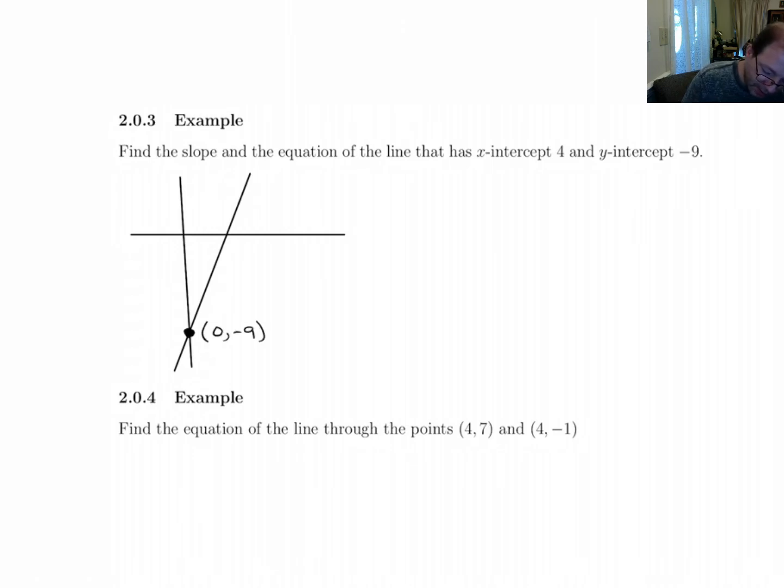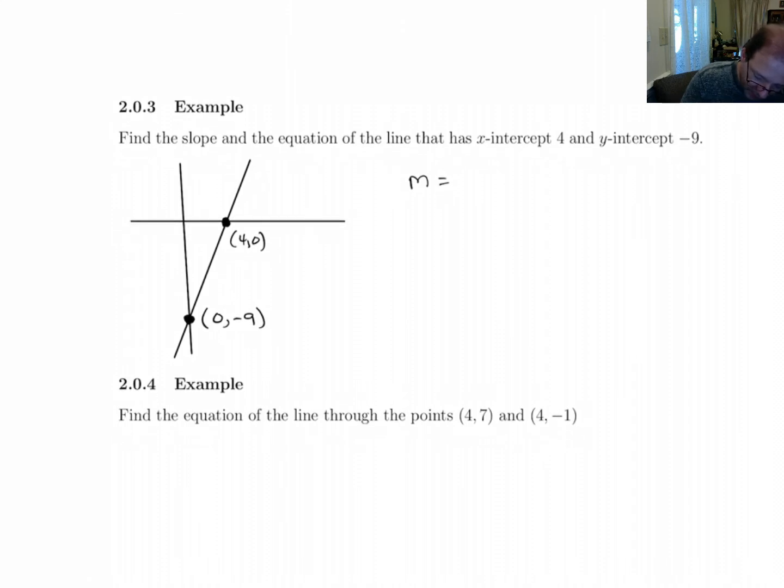And then x-intercept 4, that tells me that this point has x-coordinate 4 and y-coordinate 0. So my slope is going to be, let's see, 0 minus -9, change in y, over 4 minus 0, the change in x. So that's 9/4.